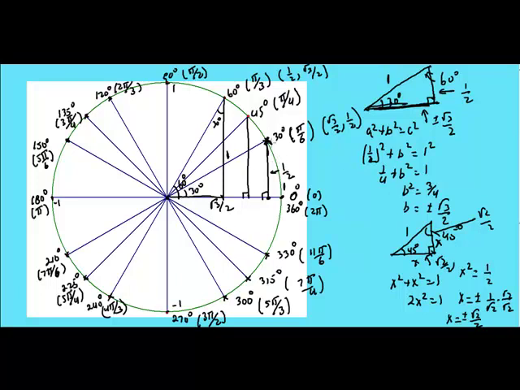So since this is in the first quadrant, my x from here to here is rad 2 over 2. My y from here to here is rad 2 over 2. So I'm going to write this point as rad 2 over 2 and rad 2 over 2. Of course, this point here is x is 0 and my y value is 1, so 0, 1.